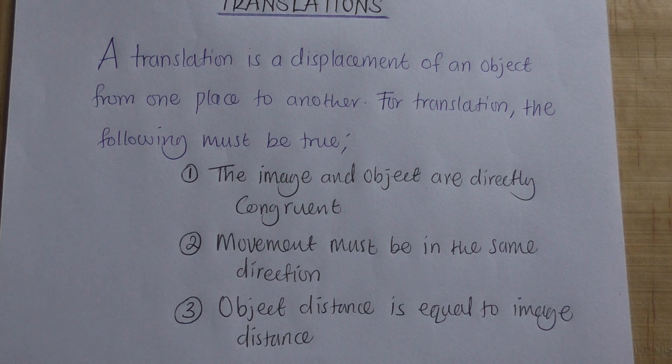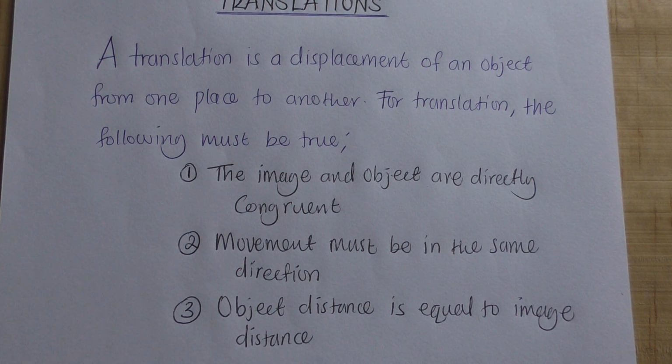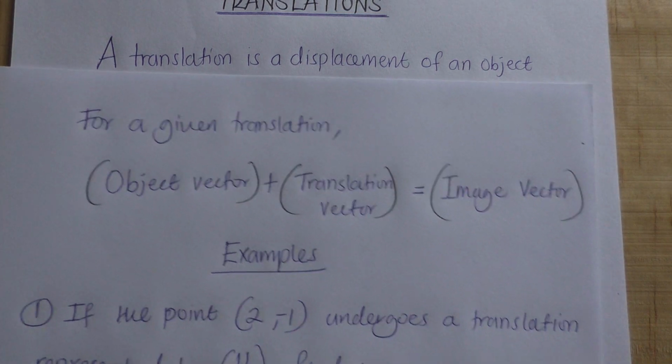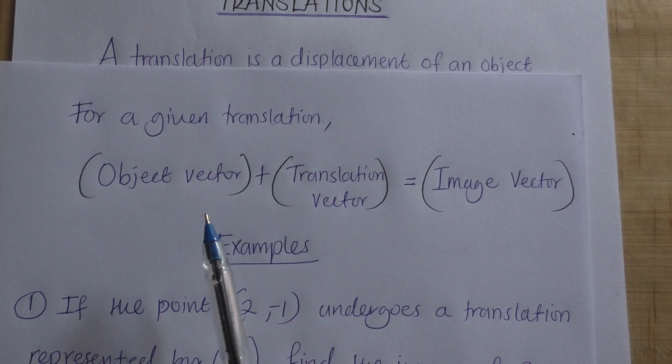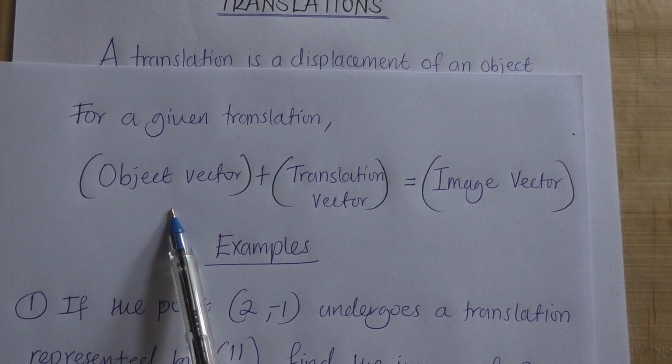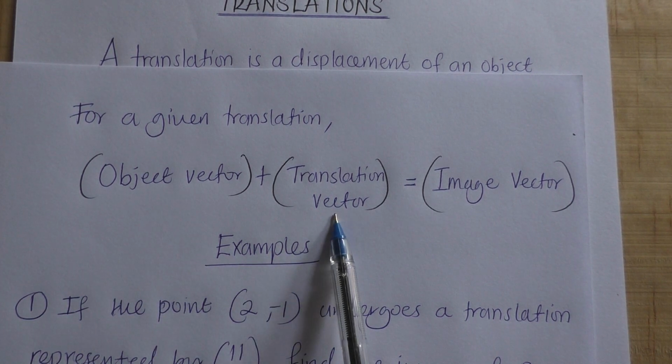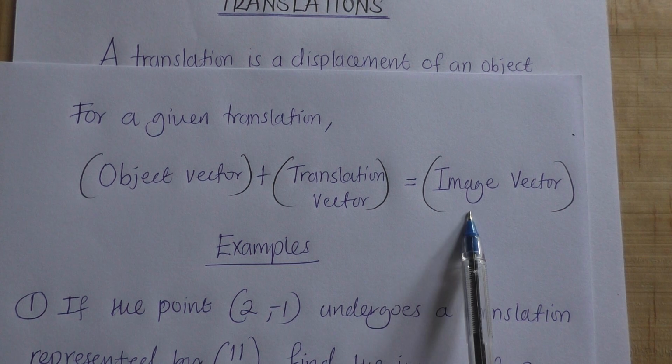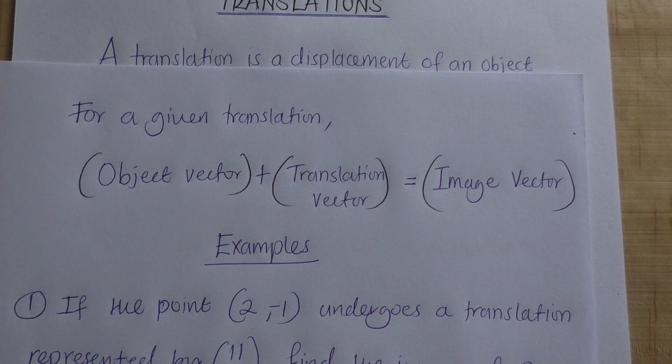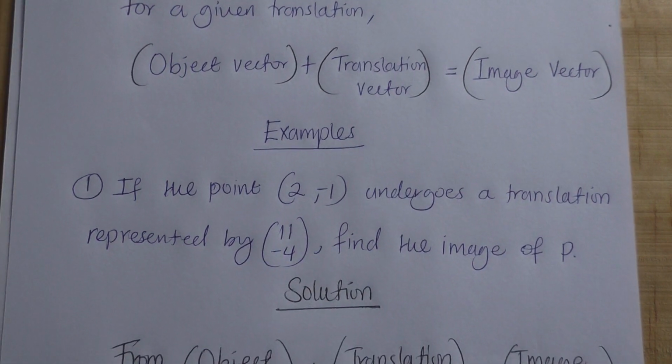Now, how do we translate an object from one point to another? We are told that for a given translation, the object vector plus the translation vector gives us the image vector. For instance, we have examples.